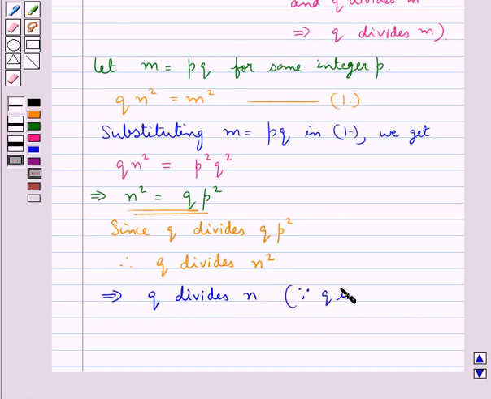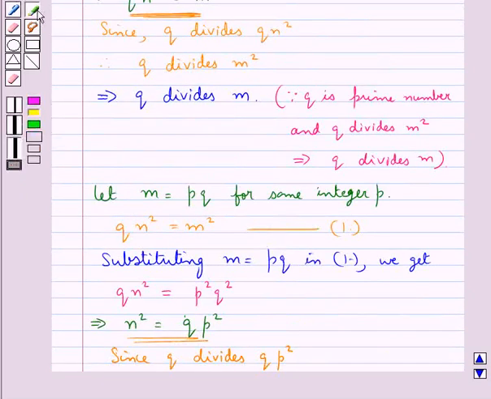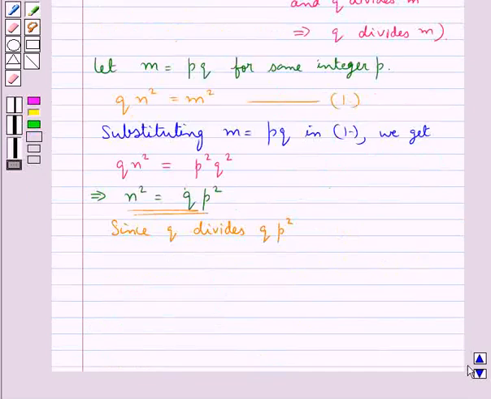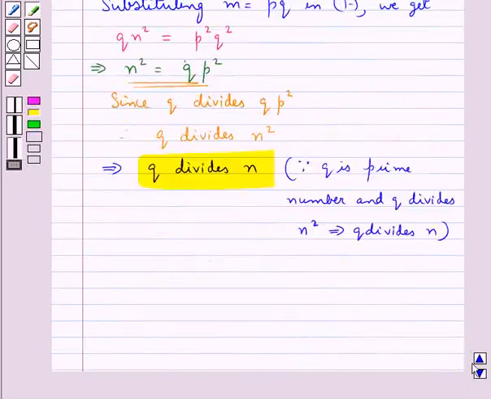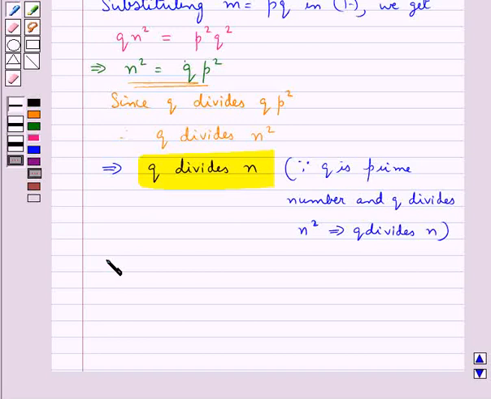since q is a prime number and q divides n square. So this implies that q divides n. So now we have q divides m and q divides n. Therefore, q is a common factor of m and n.